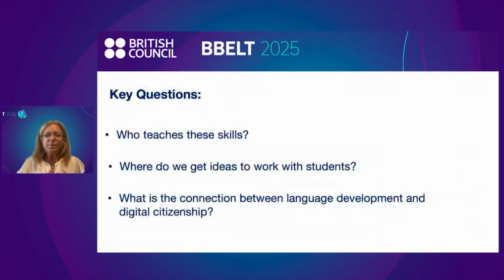Now, something to consider. When we think about these two concepts, who teaches these skills? I teach undergraduate students who are going to be teachers of English, and I also teach grad students who are already teachers of English. And when I informally discuss these questions with them, the general answer is, I learn on my own.